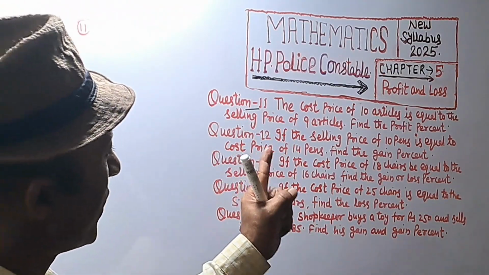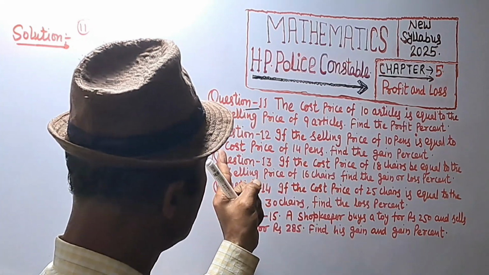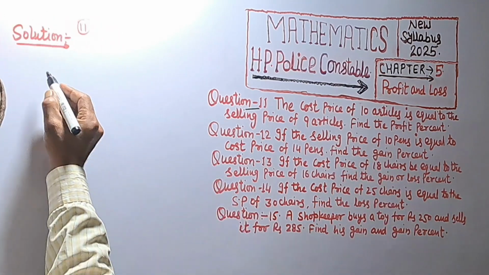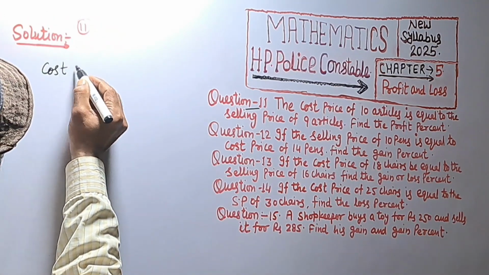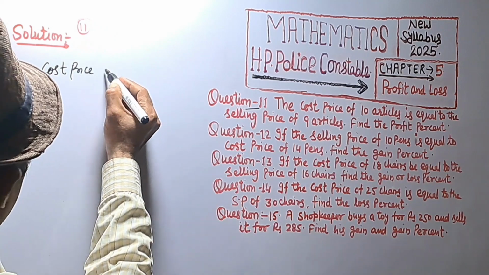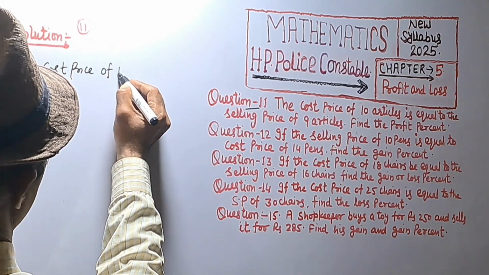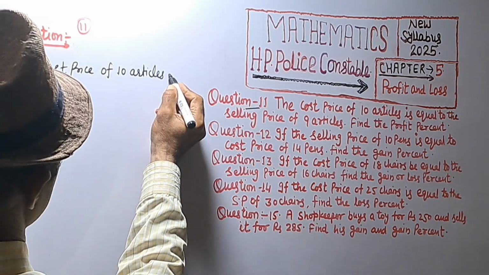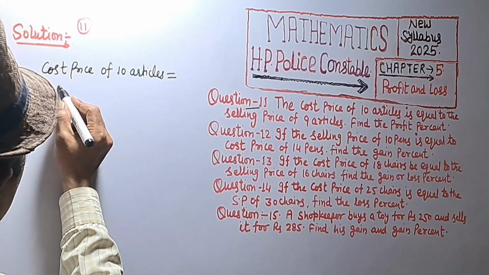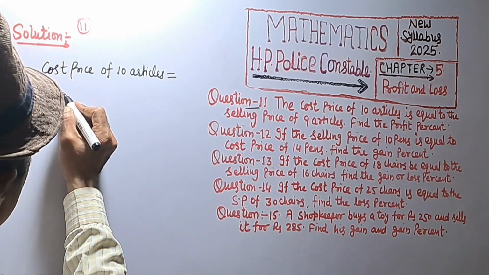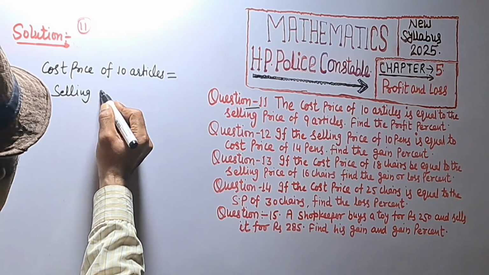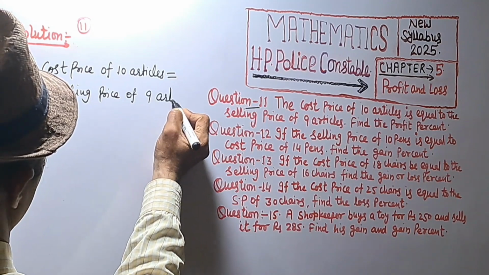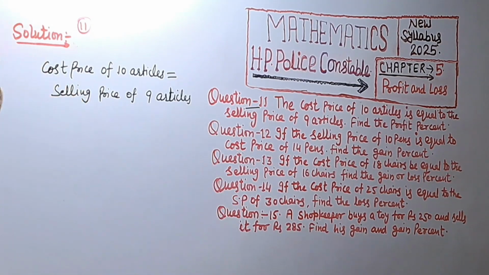Question number 11. The cost price of 10 articles is equal to the selling price of 9 articles. Find the profit percent. Cost price of 10 articles is equal to selling price of 9 articles.